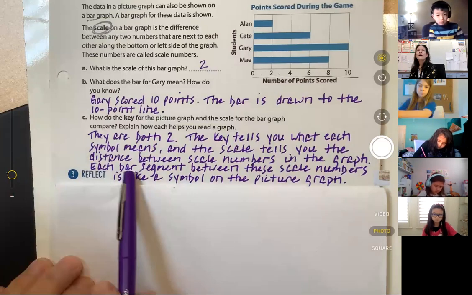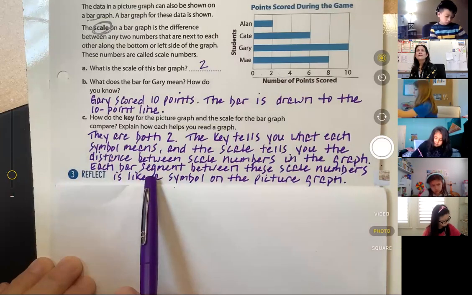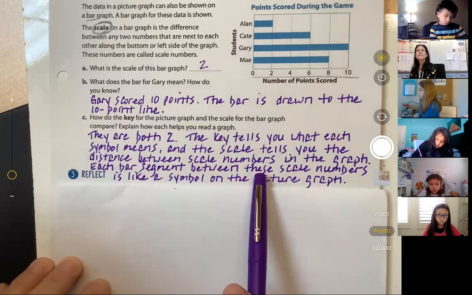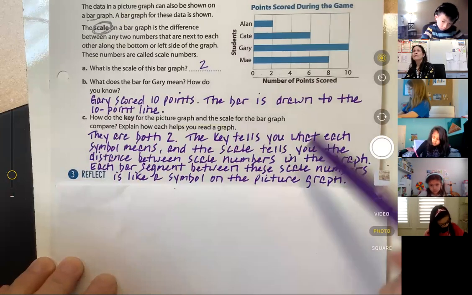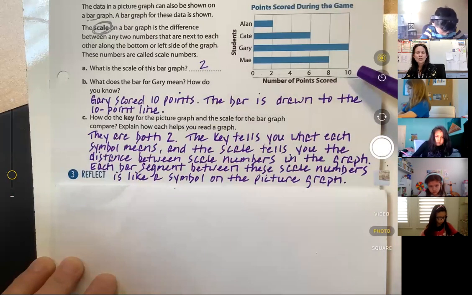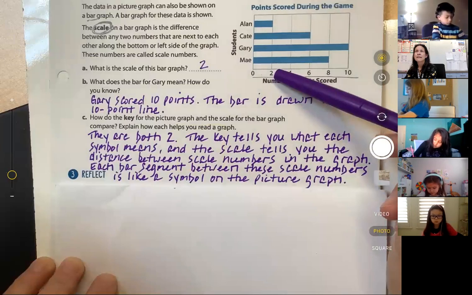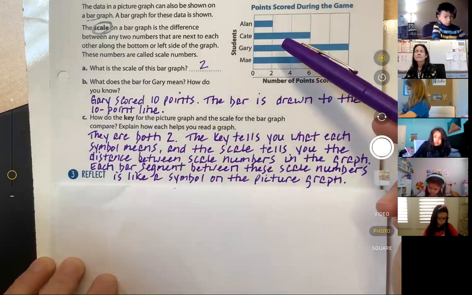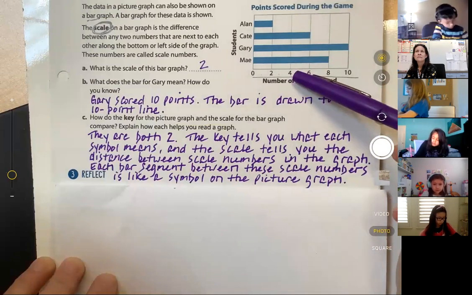Each bar segment between these scale numbers is like a symbol on the picture graph. So again, going back up to the bar. If I were to represent this data in a picture form, instead of this bar, I would have a basketball next to Alan's name. Instead of this 4, I would have 2 basketballs.